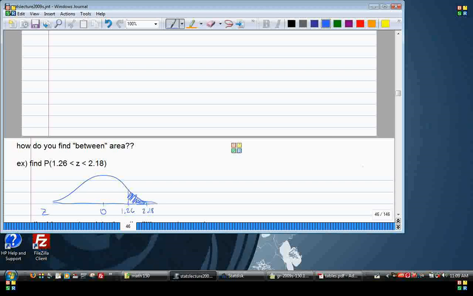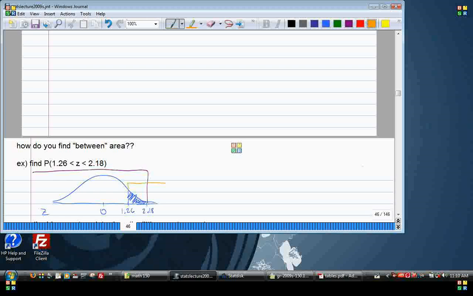We do have to subtract. What do we subtract? Well, we have to find the area that's to the left of 2.18, so then we have to find the area that's to the right of 1.26. Well, the area to the right of 1.26 would be this area. So can we do something with those two things to get the area in between?